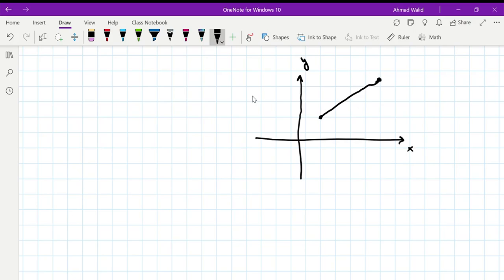Coordinates are x1, here x2, and here of course y1, and here of course what? y2. I want to find the midpoint between these 2 points.